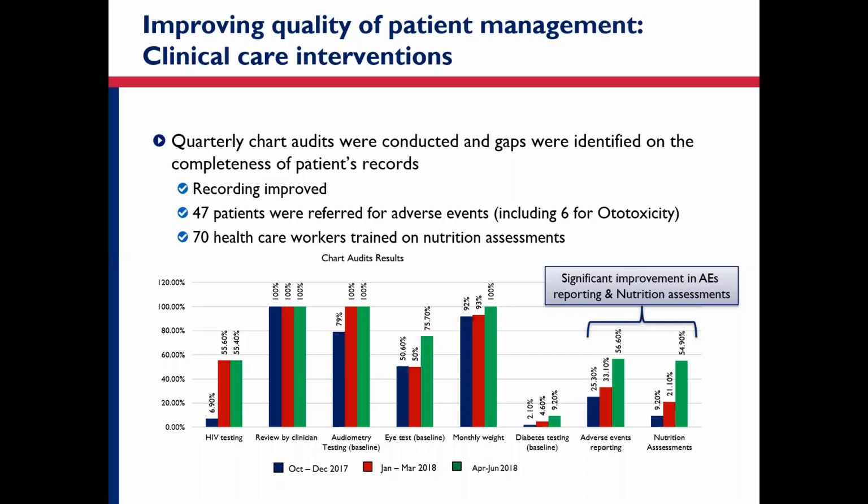So the more we went in to assess these issues, to assess the patient files, recording improved. As you can see, 47 patients were referred for adverse side effects and 6 of them for ototoxicity. 70 health workers were also trained on nutrition assessment because that was one of the key gaps that we found in our sites. Next slide, please.